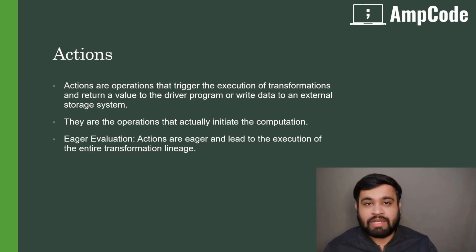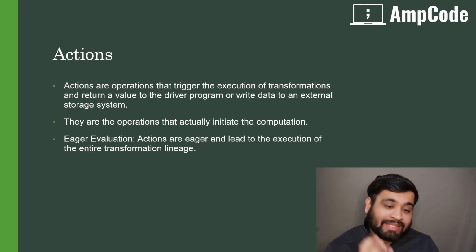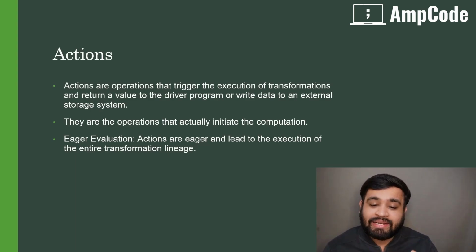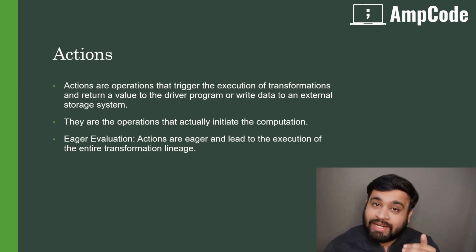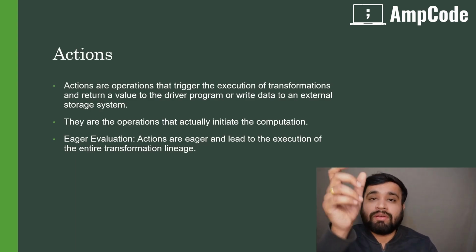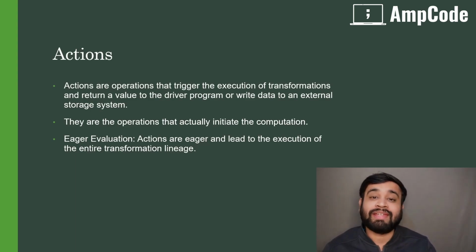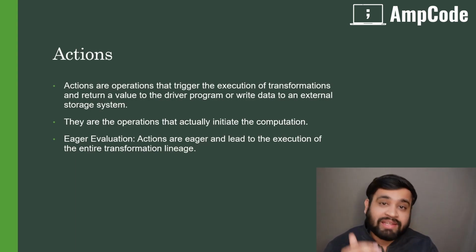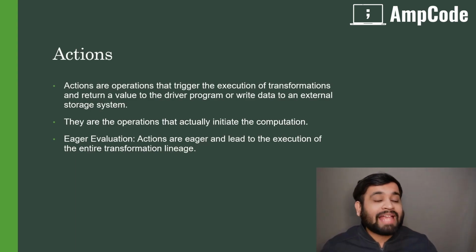We also have to talk about eager evaluation. Actions are nothing but eager, and they lead to the execution of the entire transformation lineage. Let's say you have the input data frame and you have created maybe 7 data frames with different operations on top of one another. Your final data frame will have to compute the whole transformation that you have applied in the earlier stages, because as you already know, data frames are immutable.